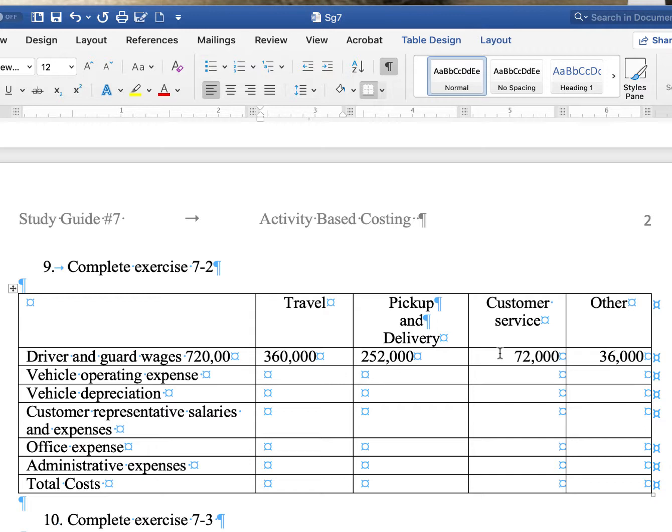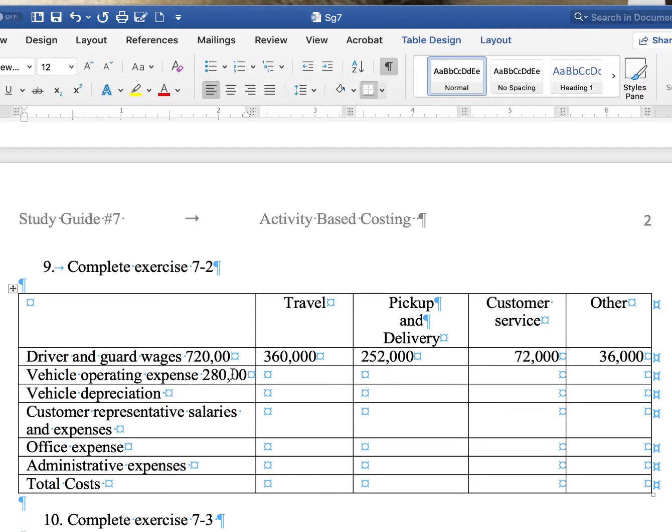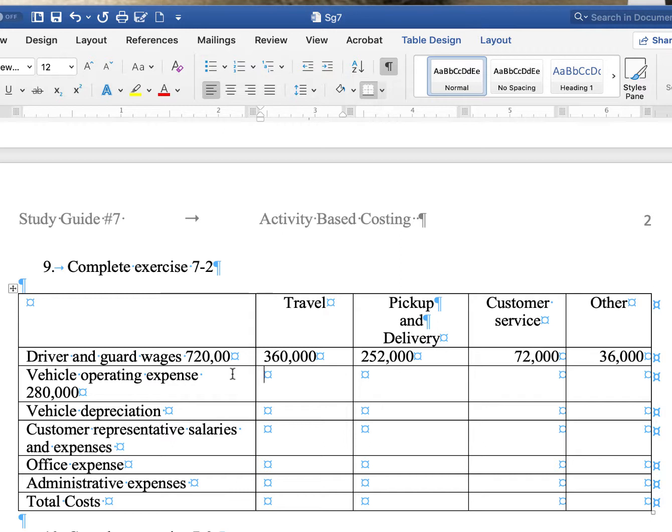We know that vehicle operating expenses are $280,000, and again, I got that from the top chart. So I'm going to take $280,000 times 70%, which ends up being $196,000.